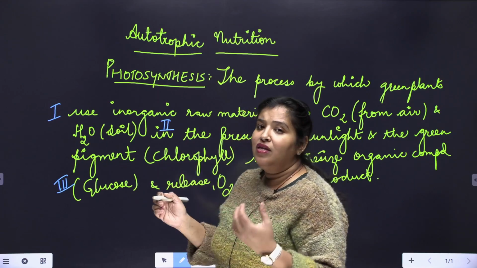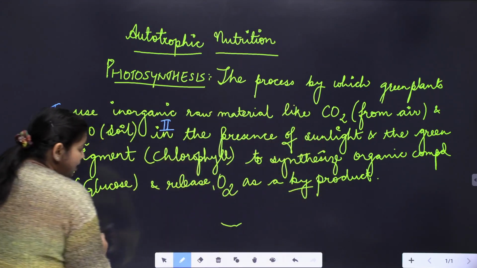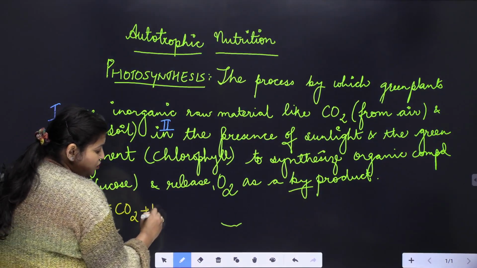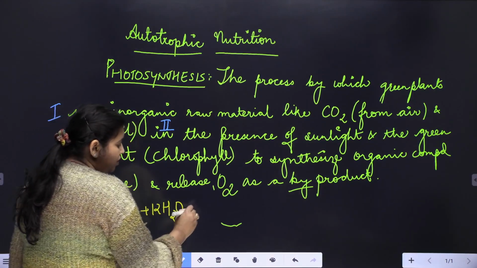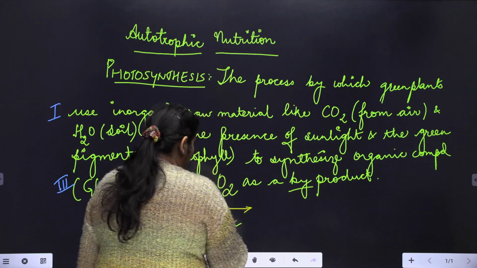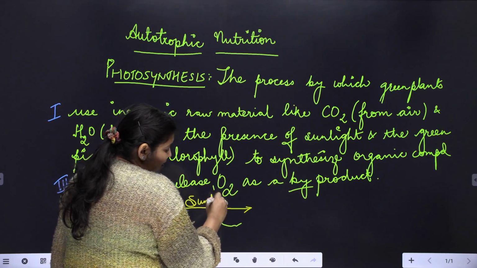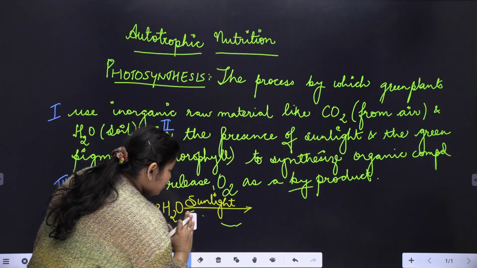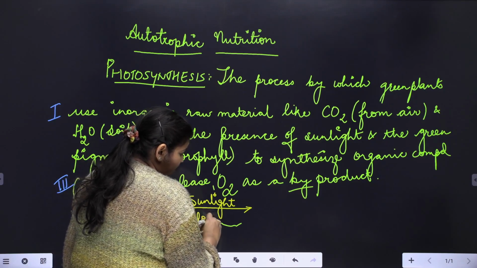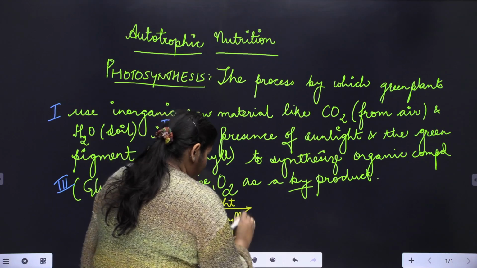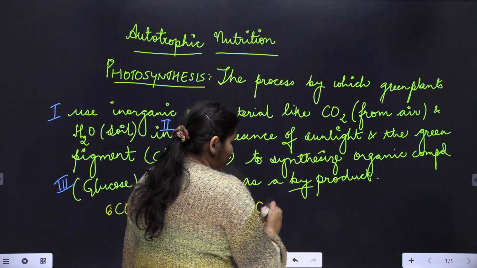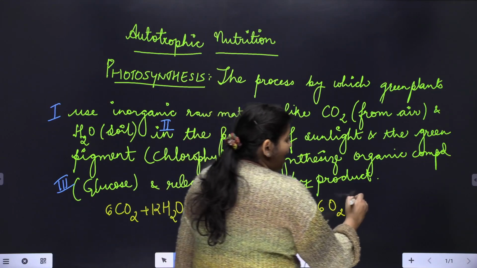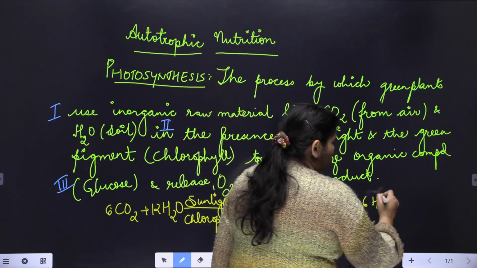Fine. Then along with this, you will always accompany this definition with the balanced chemical equation. The balanced chemical equation says 6 molecules of carbon dioxide, 12 molecules of water gives us, in the presence of sunlight and green pigment chlorophyll, C6H12O6 along with 6 molecules of oxygen and 6 molecules of water are given out.